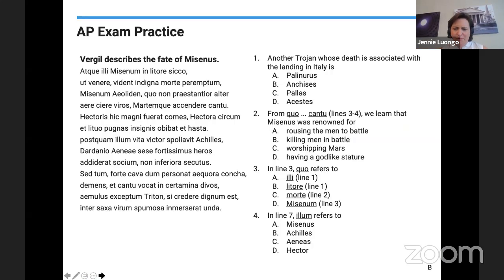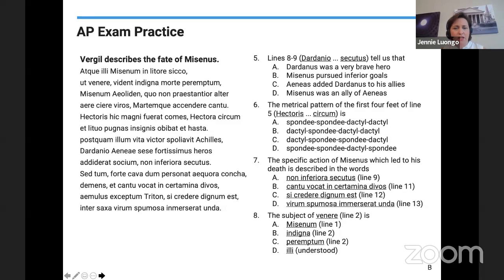Okay, so when we get to the exam practice, you're going to notice a couple of things. First of all, we're looking at a non-syllabus passage. The reason that we're doing that is because, don't forget, on that last 15-minute section of this year's exam, we're still going to have a sight passage from some work of Virgil. So this one is one that we pulled off of AP Classroom that is from later in the Aeneid.